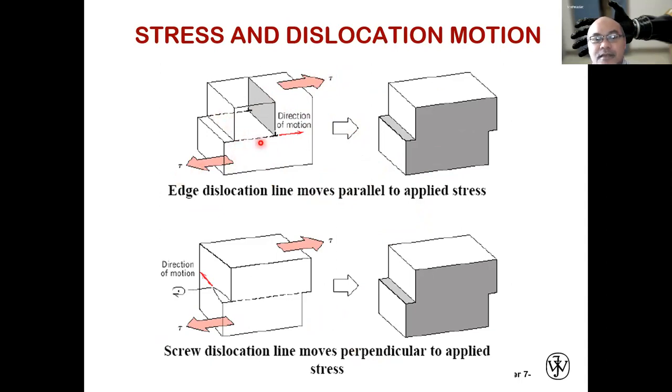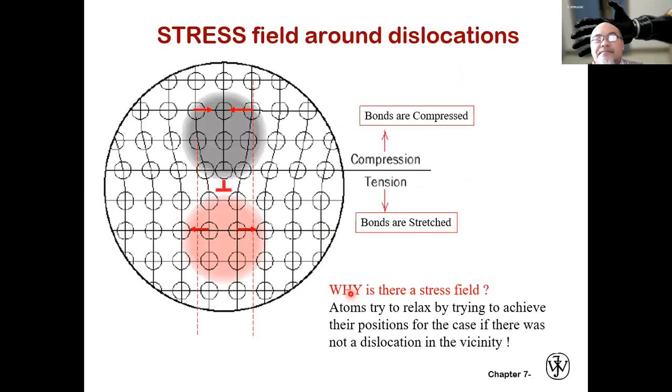The dislocation line will move in the same direction as the applied stress here to the right. So at the end, deformation will appear externally, yeah, from the macroscale point of view. Similarly, here at the screw dislocation, the screw dislocation line also moves perpendicular to the applied stress.